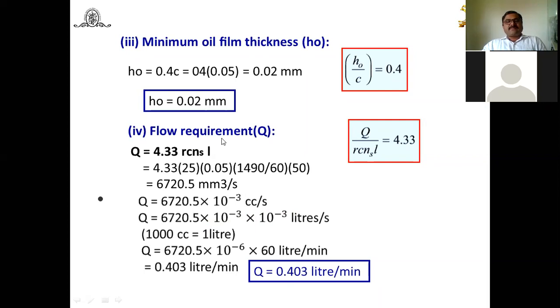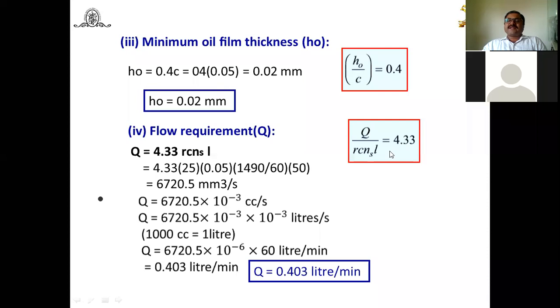Then the flow requirement. But in this case, what care do you have to take? It is not asked whether it is in centimeter cube per second or mm cube per second, but in the problem statement it is mentioned to find out liter per minute. So you have to take care here while converting the units. Now for the flow requirement, this variable Q upon R C Ns L is the flow variable, which is equal to 4.33.